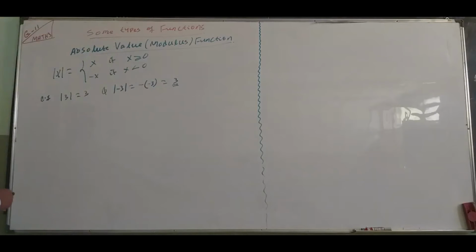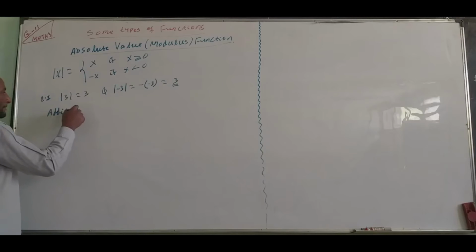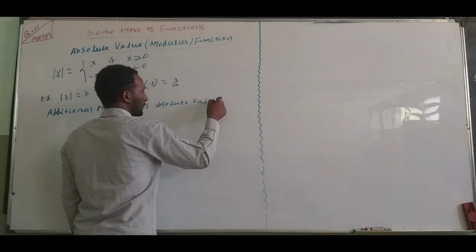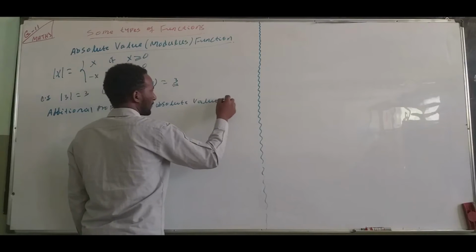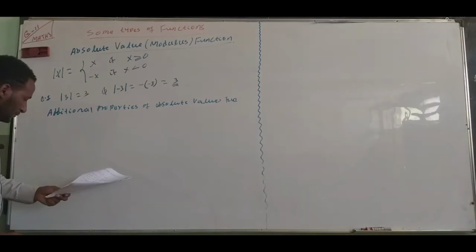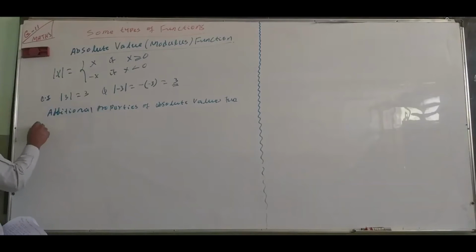Let us see the additional properties of the absolute value function. Absolute value of x can be written in the form of the square root of x squared.